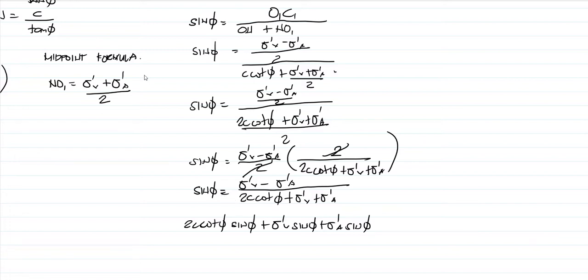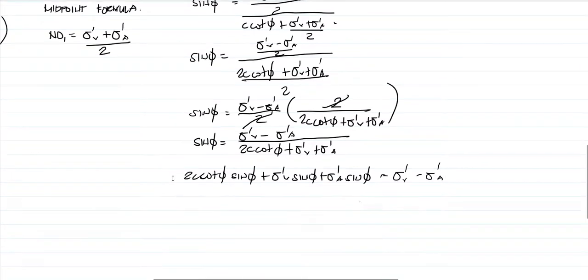Kinross multiply natin. So, then, that is equal to sigma prime B minus sigma prime of A. So, syempre, we will arrange the terms. Yung sigma prime B, lipat natin doon. At yung sigma prime B na to, ilipat natin doon. At yung sigma prime A na nandito is ilipat natin dito.